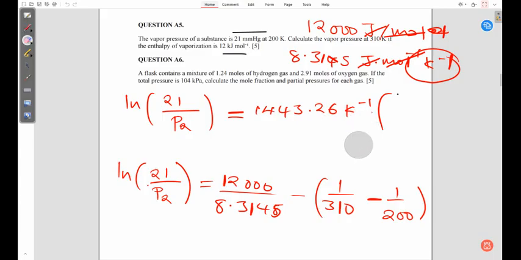So 1 over 310 minus 1 over 200. Let me do that. 1 over 310 minus 1 over 200.